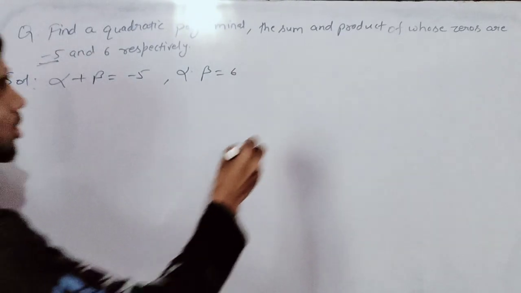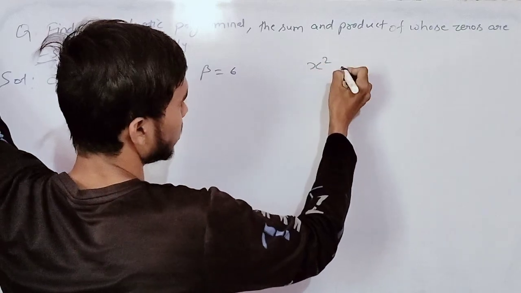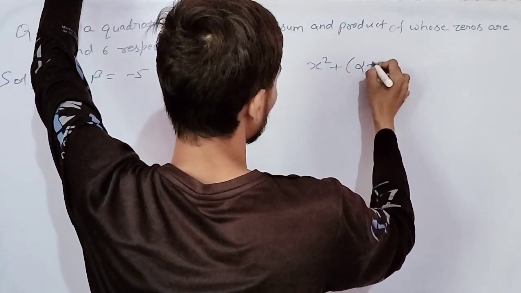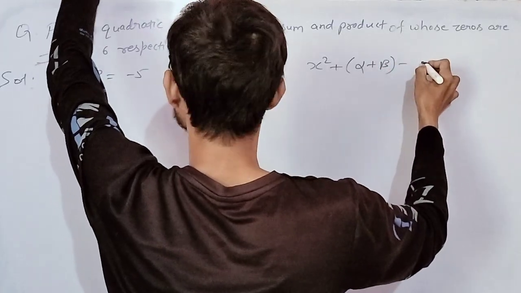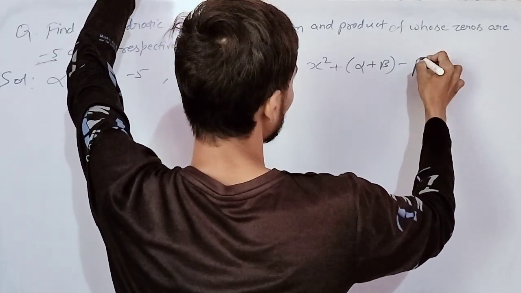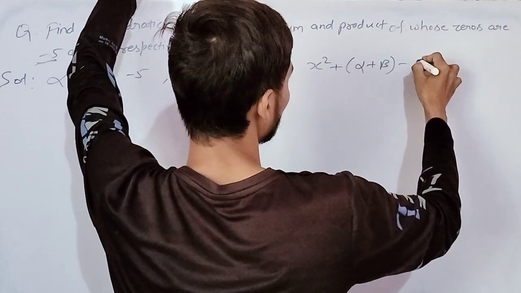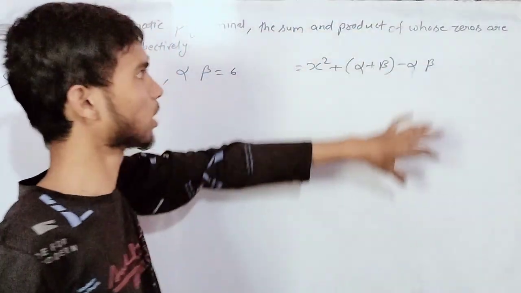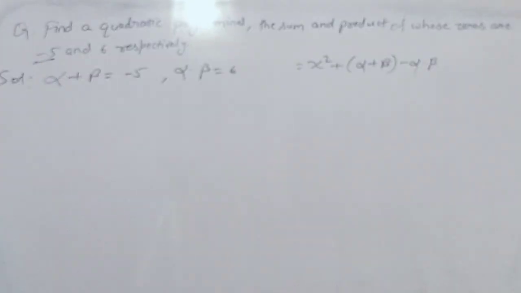Clear? So remember, alpha plus beta and alpha into beta. From this you will get the quadratic polynomial.